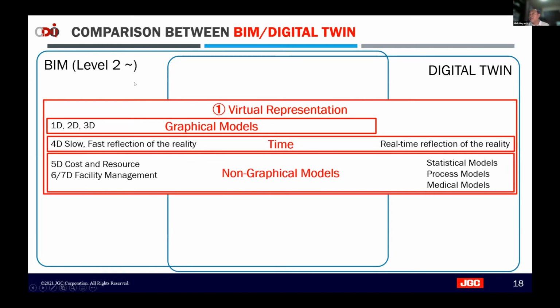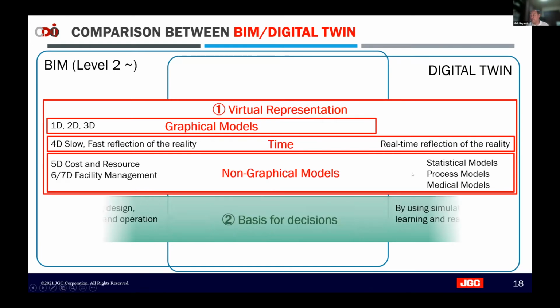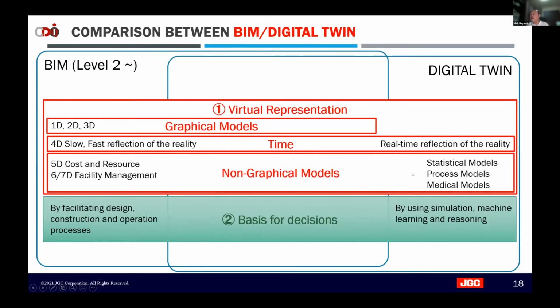And then both BIM and digital twin have non-graphical models. For BIM, we have cost and resources and facility management models. And then digital twin can have statistical models, or process models, sometimes even medical models. Now both of them serve as a basis for decision making. For BIM, how do we help decision making?